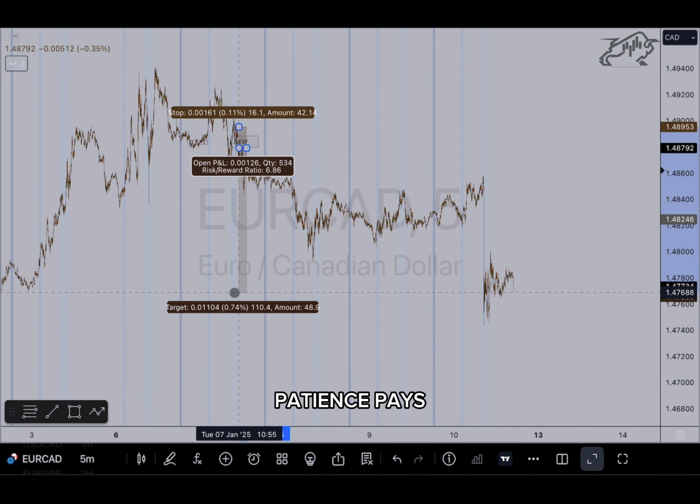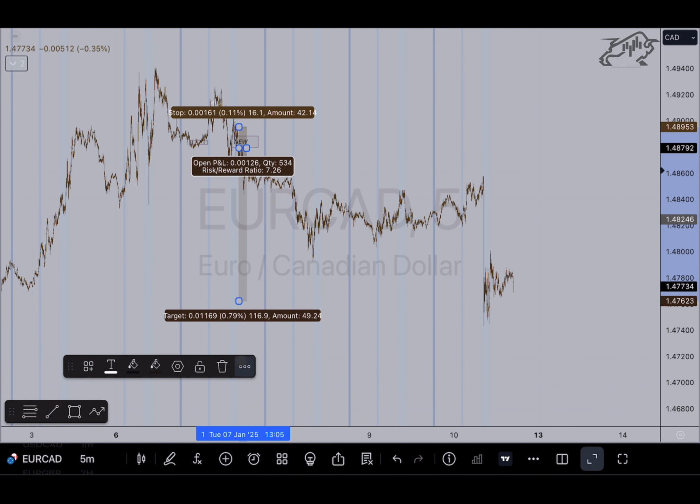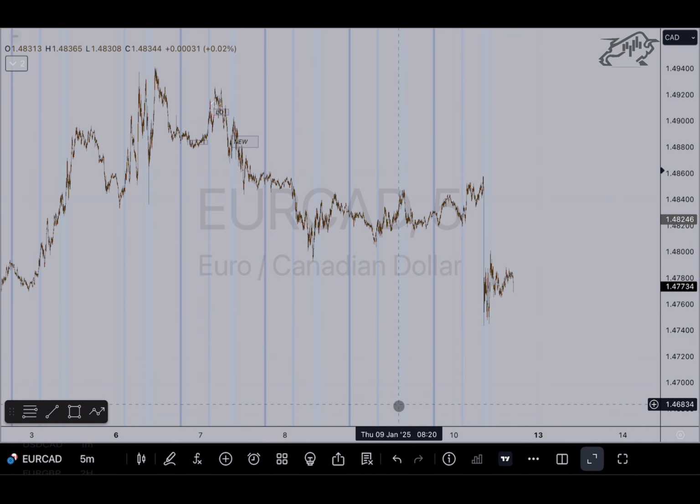Patience pays. We would have had that opportunity if we would have held it. Would you have held this trade, you guys? Be honest. This is taking a long time to happen. Do you have the patience? Do you have the wits? Do you have what it takes?